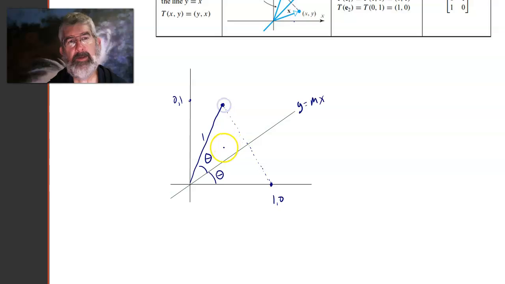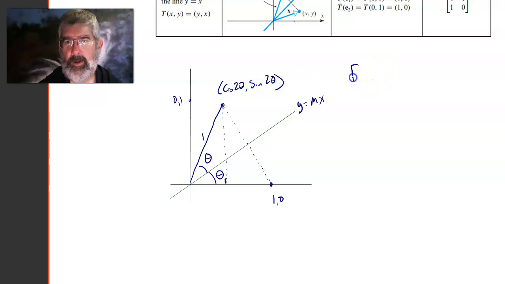To come up with the xy coordinates, all I need to do is drop a perpendicular and do a little trig here, because I've got an angle of 2 theta and a hypotenuse of 1, so I know the coordinates here are cosine of 2 theta, sine of 2 theta. So the first column of my matrix is cos 2 theta, sin 2 theta.